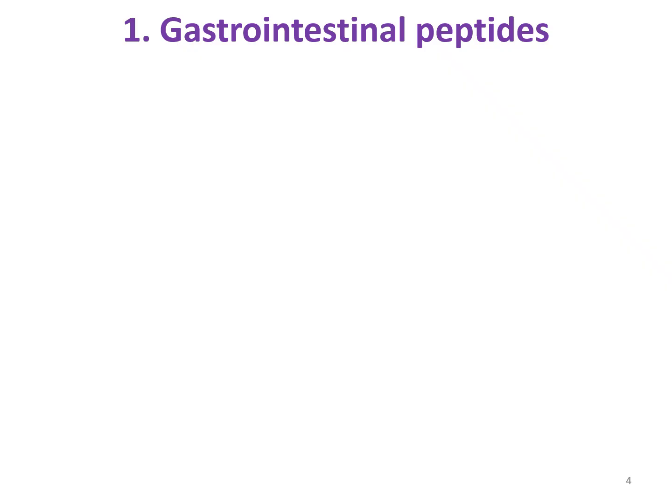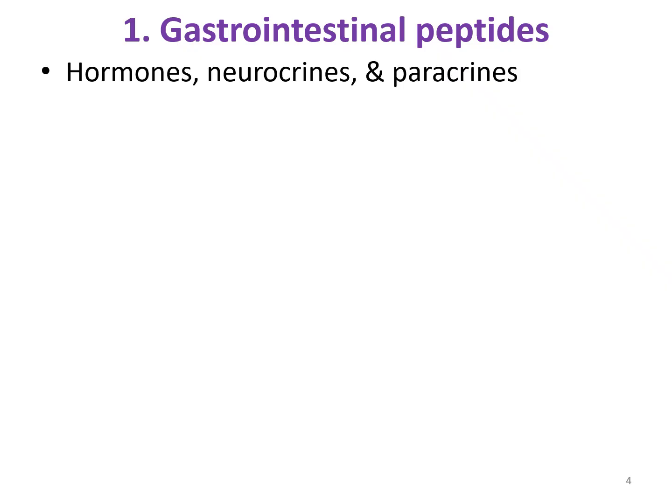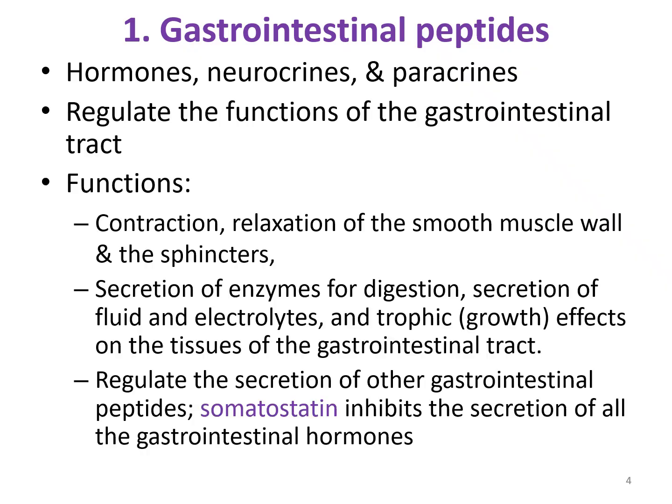The gastrointestinal peptides include hormones, neurocrines and paracrines, mainly regulating the functions of the gastrointestinal tract. These functions are mainly the contraction and relaxation of the smooth muscles and sphincters, the secretion of enzymes for digestion, and the secretion of fluids and electrolytes.